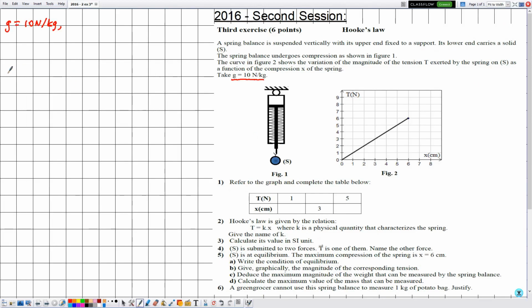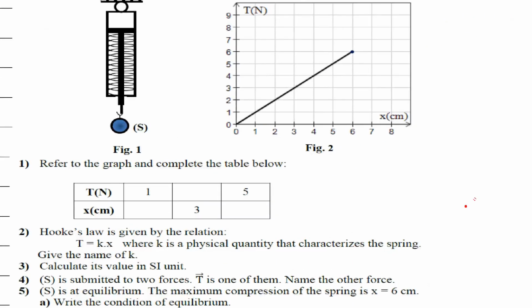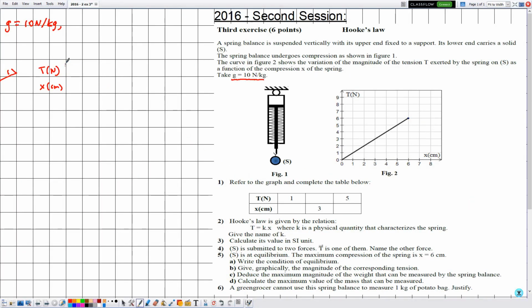Now number 1, refer to the graph and complete the table below. So let's redraw the table here. Here we have the tension expressed in newtons and the compression X expressed in centimeters. So the table consists of 3 columns.